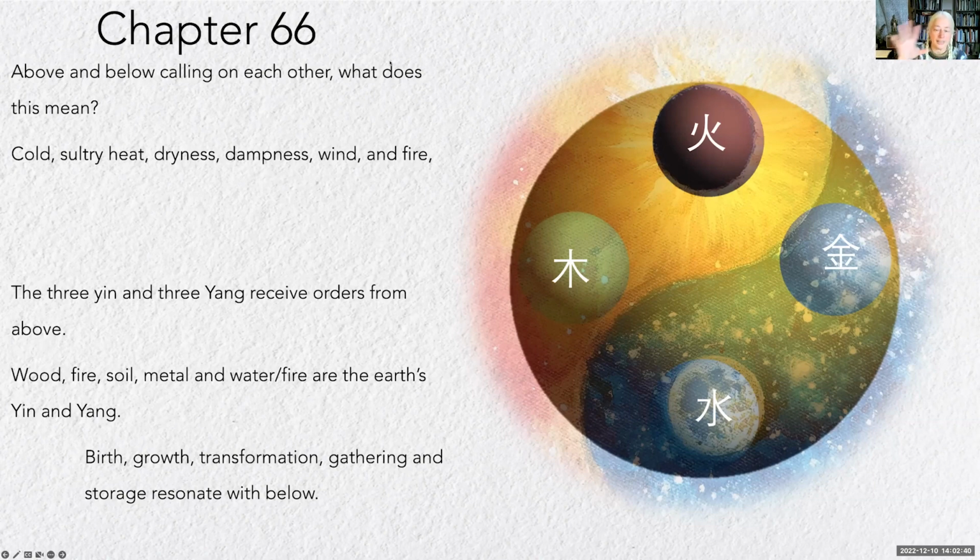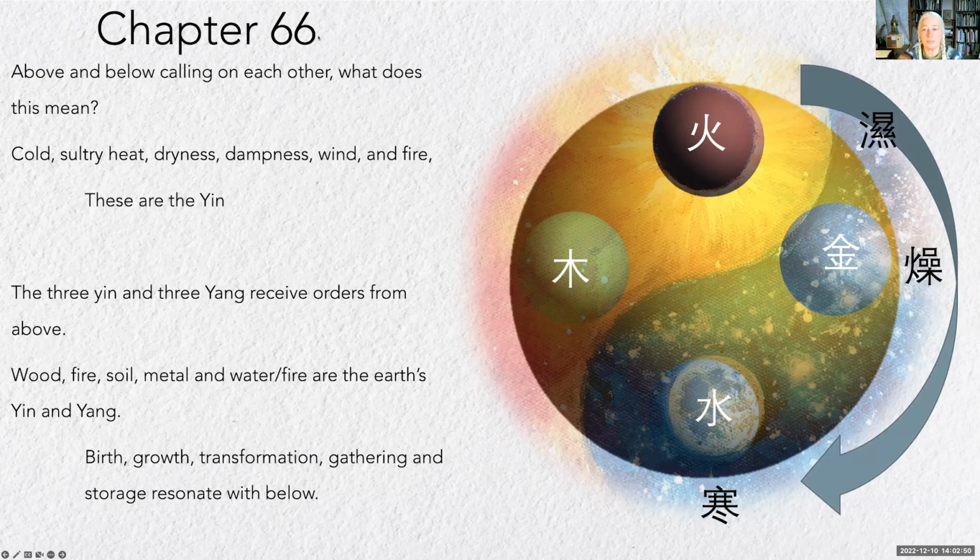So you can see why I think of the wuxing as relating to earth, because it's these phases that are inside of living beings, the phases that living beings go through. So cold, sultry heat, dryness, dampness, wind, and fire. These are the yin.